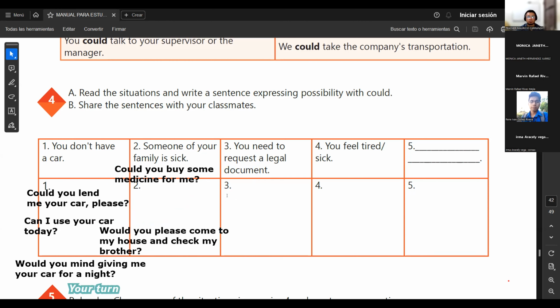Could you recommend a good lawyer? Exactly. Would you recommend a good lawyer to me? And finally, imagine you feel tired or sick and you call your boss and you ask for permission. How would you ask for permission?